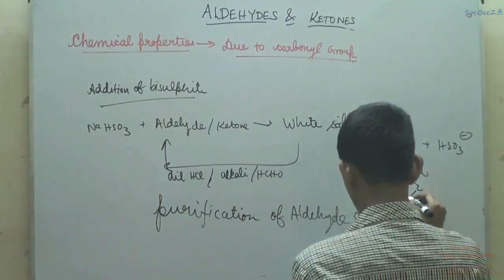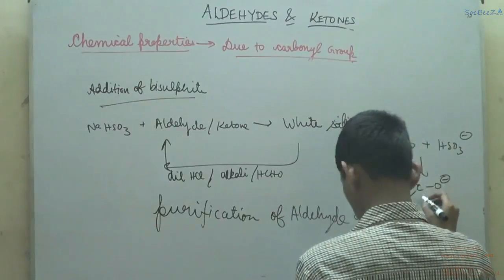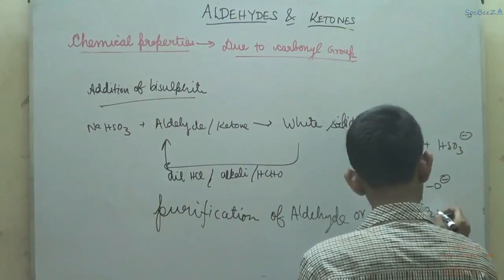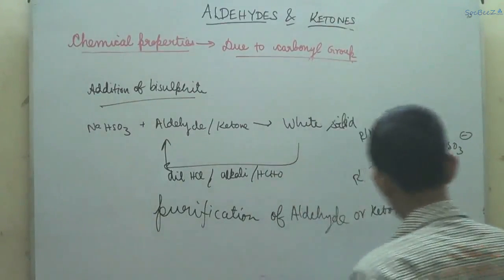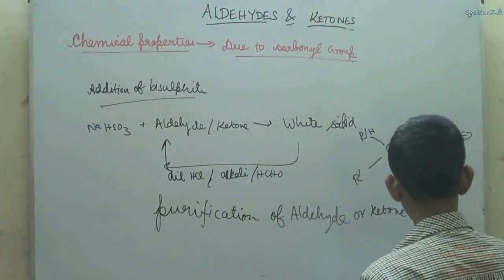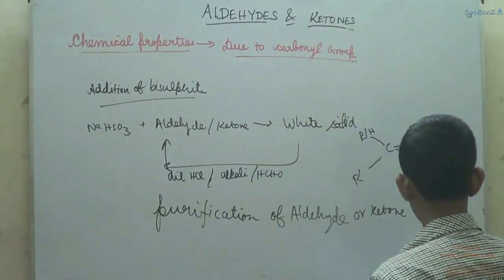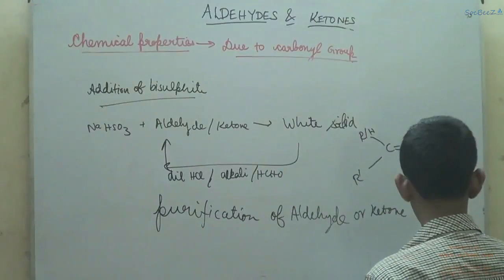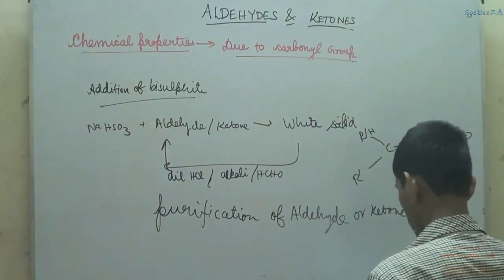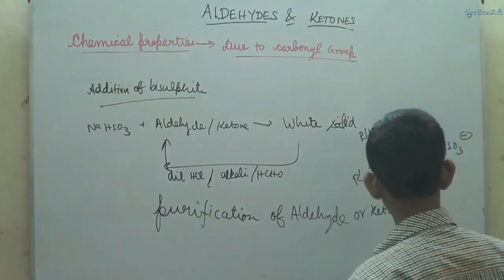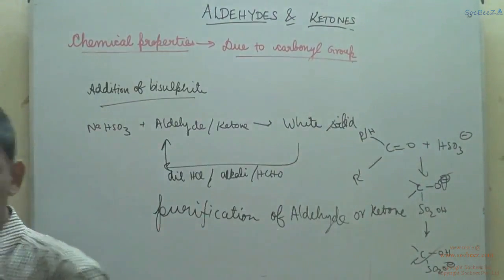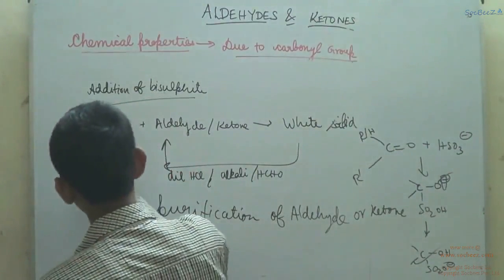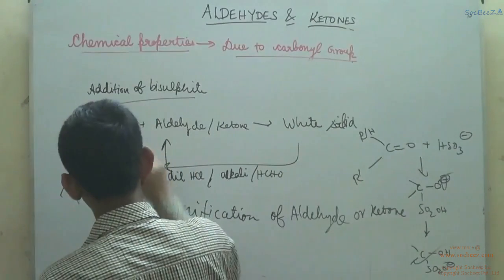Then you will get this bisulfite adduct, the white solid. Okay, if you are in acidic medium, this can also exist as, in basic medium it will exist like this, in acidic medium it will exist like that. Okay, so this is also a test for carbonyl compounds.